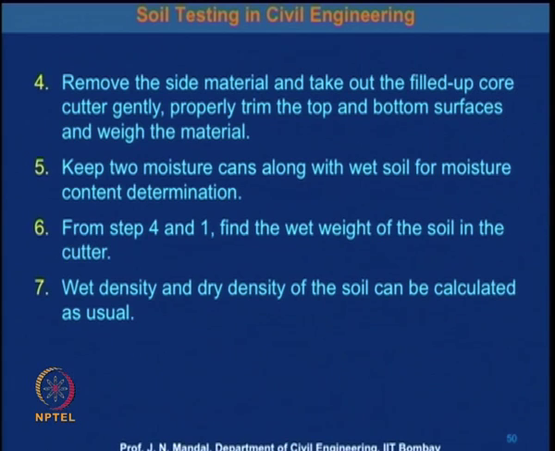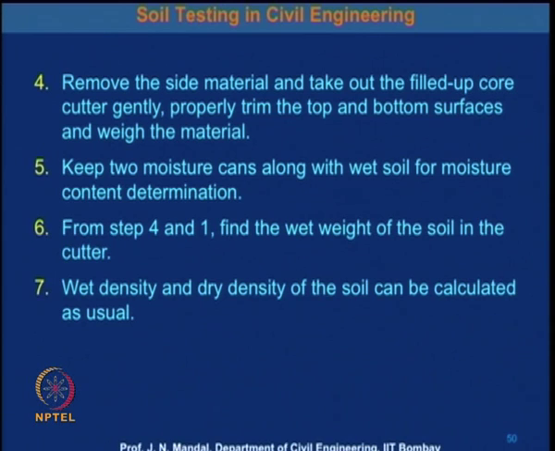Repeat. Remove the side material and take out the filled up core cutter gently. Properly trim the top and the bottom surfaces and wet the material. Next, keep two moisture cans along with the wet soil for moisture content determination.